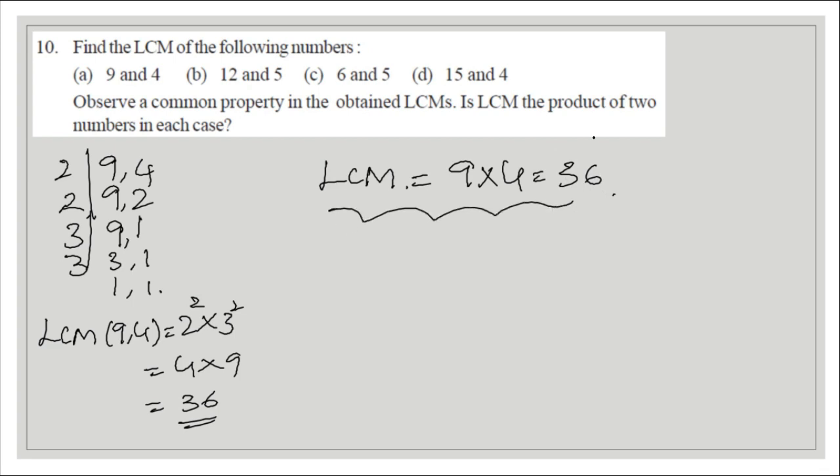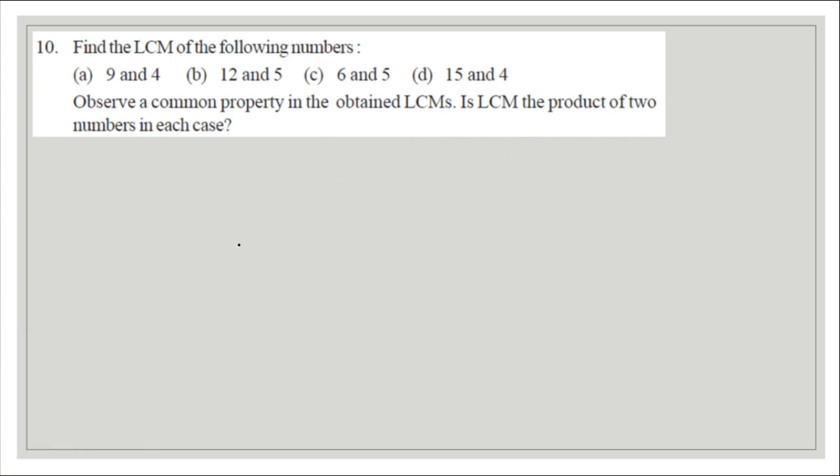It is the product of the numbers. Actually, for this case, we have the highest common factor as 1. That is the reason why we get the least common multiple as a product of these numbers. If you want to find the LCM of 12 and 5: 2 sixes, 2 threes, 3 one time, 5 one time.